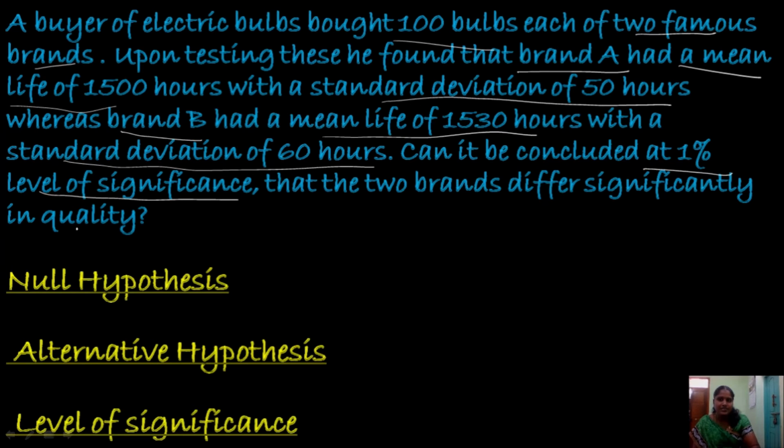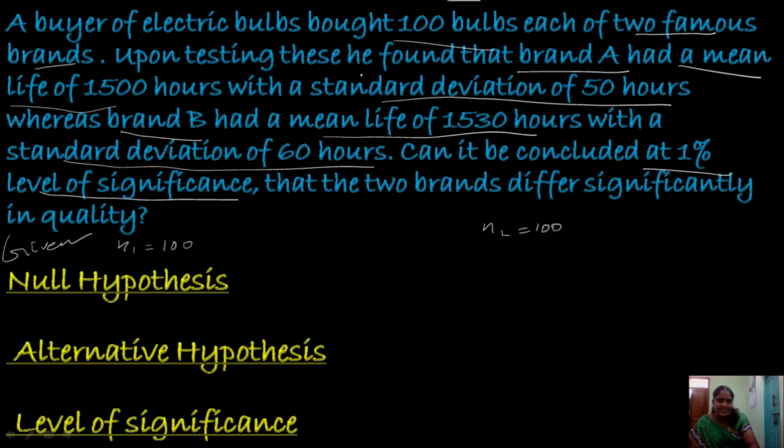First, we have to write what is given in our problem. A buyer of electric bulbs bought 100 bulbs each of two famous brands, which means he bought 100 bulbs of brand A and 100 bulbs of brand B. That means n1 is equal to 100 and n2 is also equal to 100.